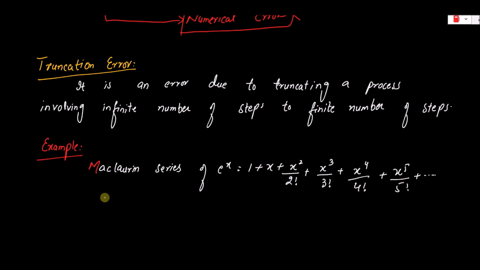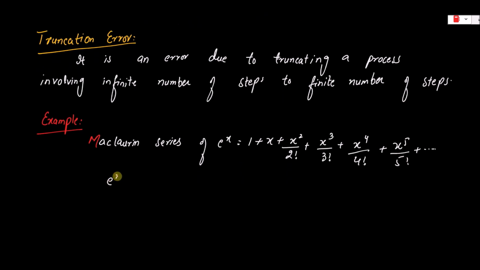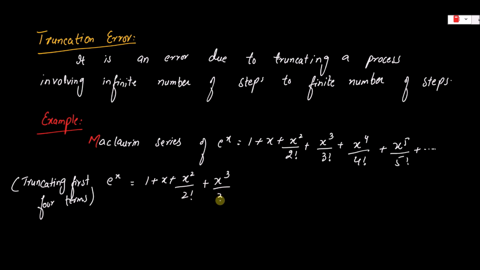So if we truncate this e raised to the power x series to the first four terms, then it will be 1 plus x plus x squared by 2 factorial plus x3 by 3 factorial. That is the first four terms of e raised to the power x.